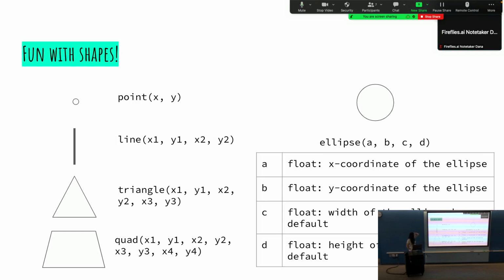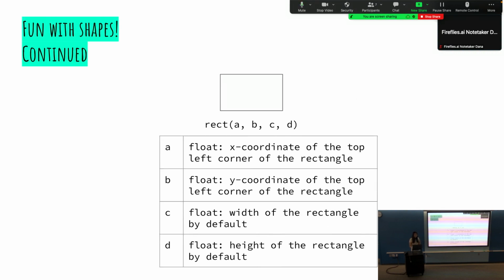Okay. So getting that logic, you'll see some other shapes here. You'll see a point, which is just an xy coordinate. You'll see a line that is 2 points: the first point, xy, and then the second point, xy. A triangle is 3 points, so same thing, and then a quad is 4 points. There is a rectangle function, so don't be alarmed.